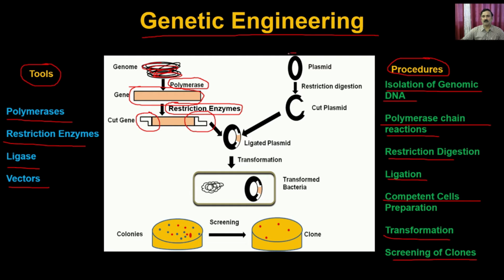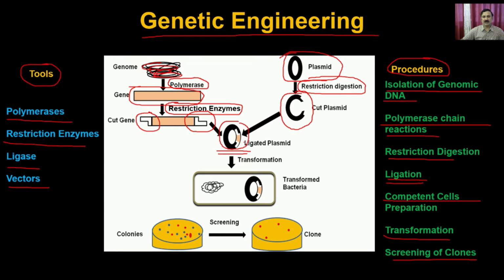Similarly, you isolate the plasmids and do the restriction digestion, which develops similar cohesive ends, one for the first enzyme and the second for the second enzyme. Then both the cut gene and the cut plasmid are put under ligation reactions, which ligate these two DNA fragments and give you the chimeric DNA.